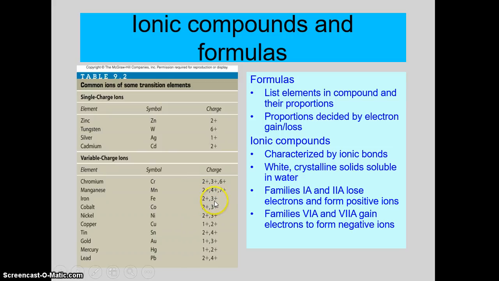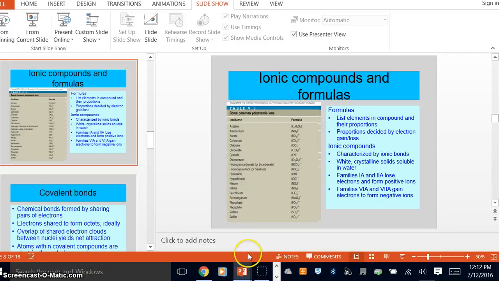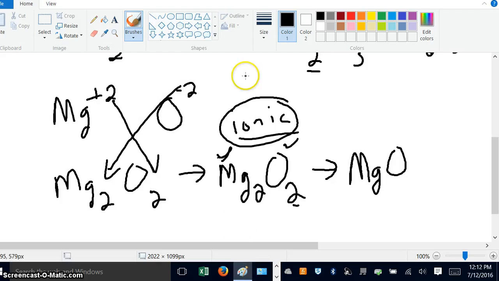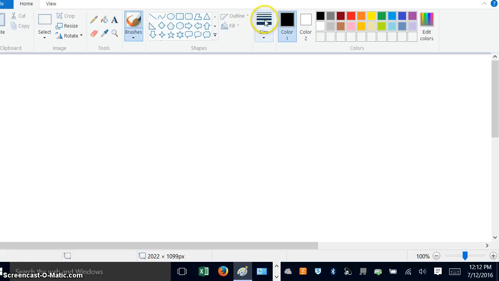All right, so let's take a quick look at examples like that. Let's stick with iron because that's a good way to look at it. We could use any one of them, but I've got to get more room. All right, so we have a nice clean slate.